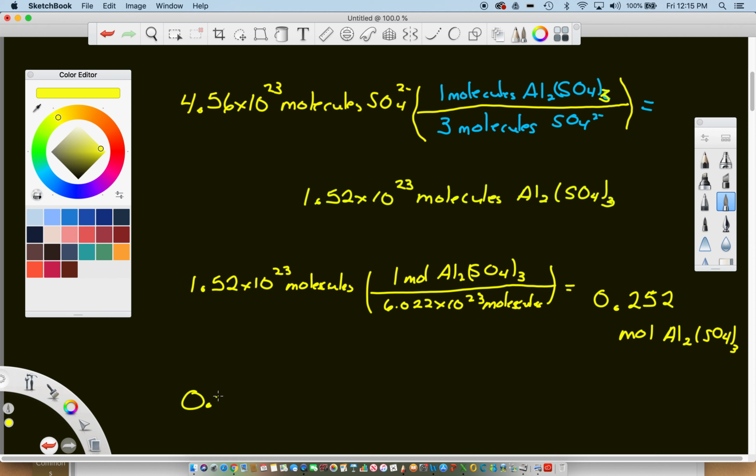So now we can use the molar mass. I believe it was 342.2 grams per 1 mole.